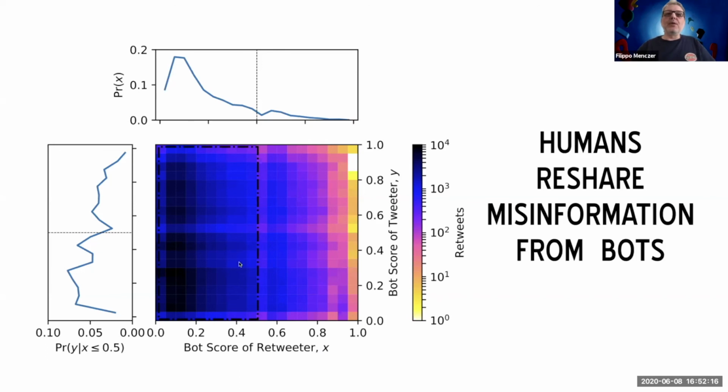But if you now focus on who these humans were retweeting, the projection on the left shows you that they were retweeting humans, but they were also retweeting bots. So in other words, humans do reshare misinformation that comes from bots. And again, this is a very similar result to the one from Luca earlier. Very similar finding.